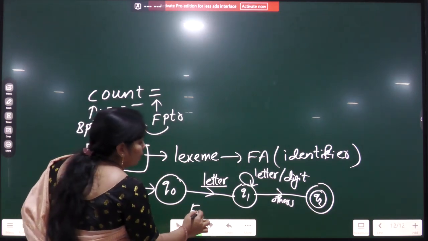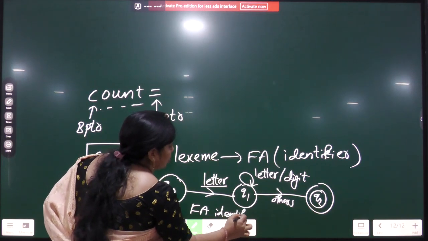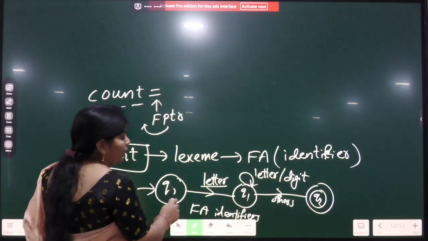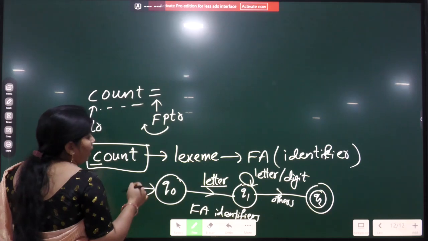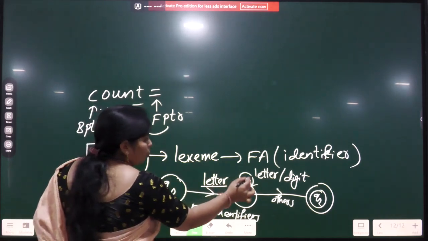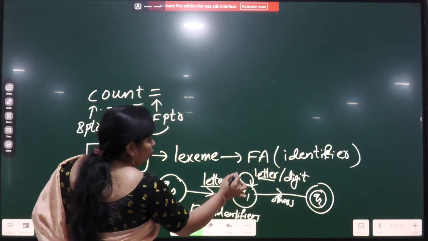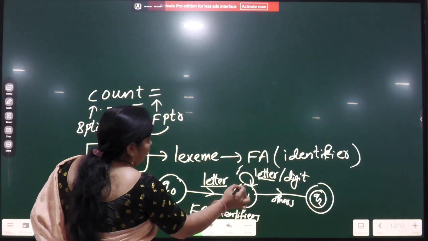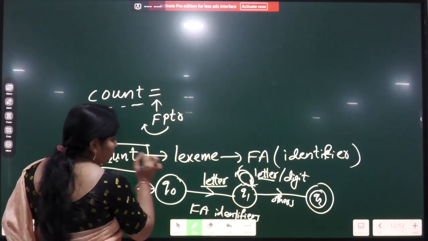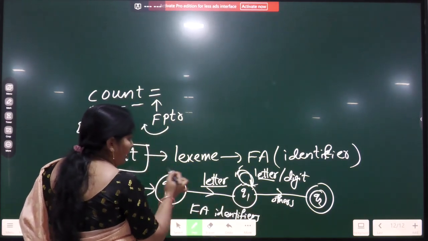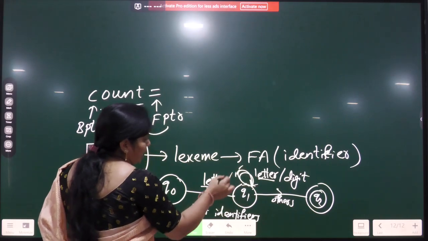This is a finite automata for identifiers. The first character is C, which is a letter, and from the second character onwards, O is a letter, true, so it stays in the same state. If U is the input, it goes to the same state, and likewise N as well as T. So it will be repeated until T has been encountered.